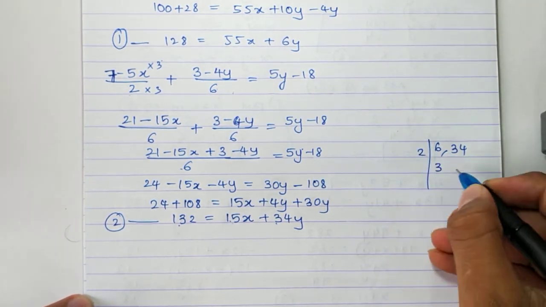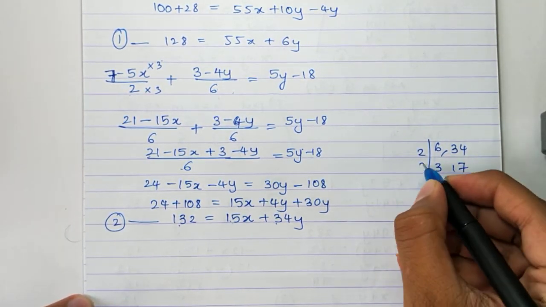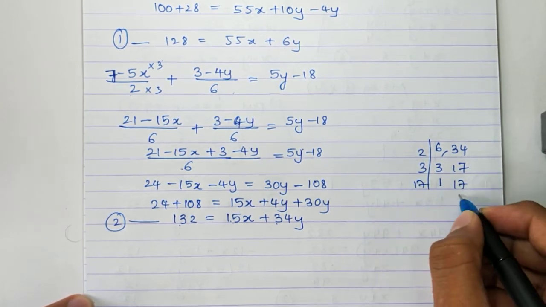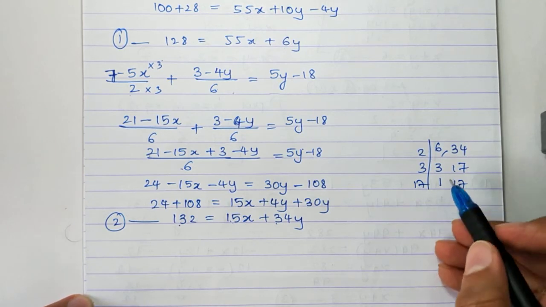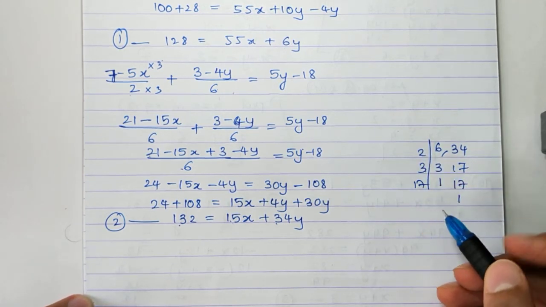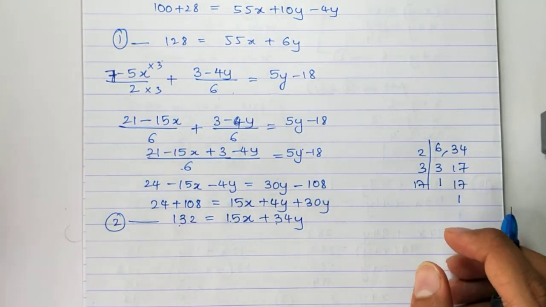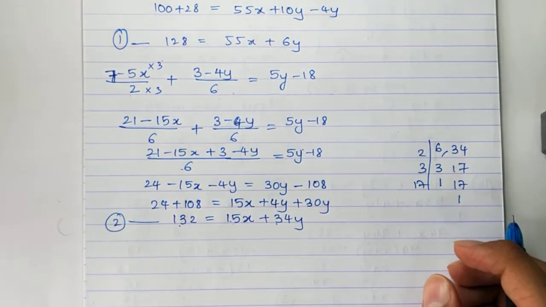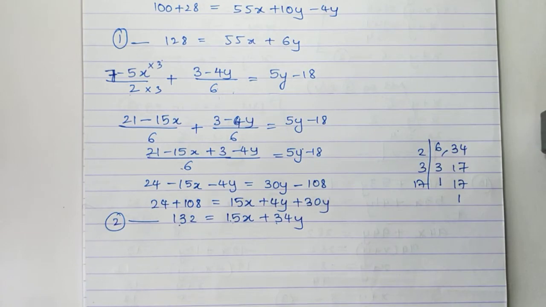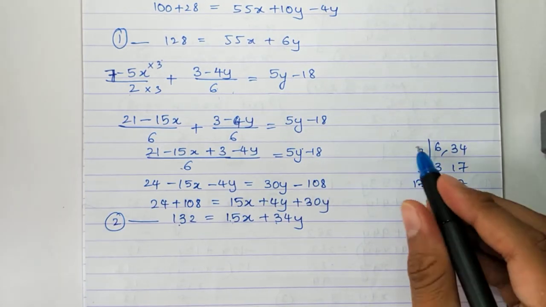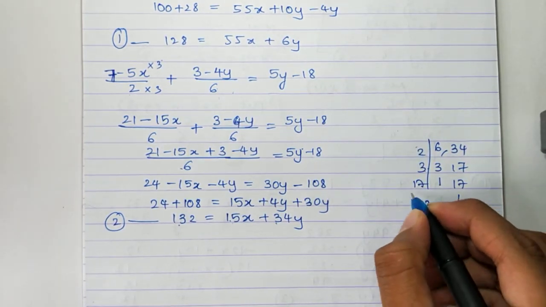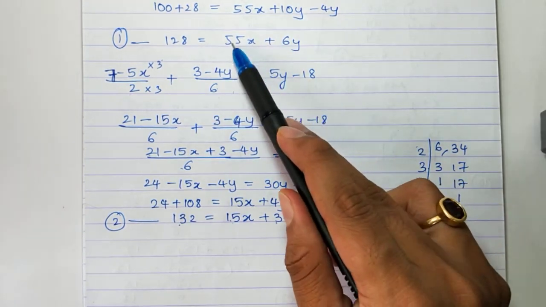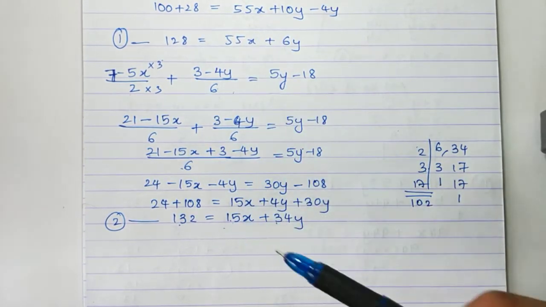So 2 3s are 6, 17 2s are 34, so 17 into 3 into 2 is the LCM. So 17 into 3 into 2 will give me 102. So the LCM will be 102. Okay, you could have also equated 55x and 15x.